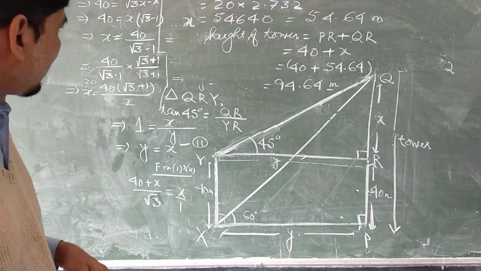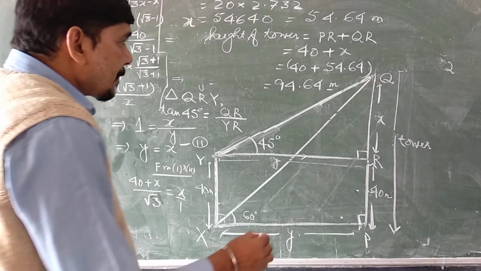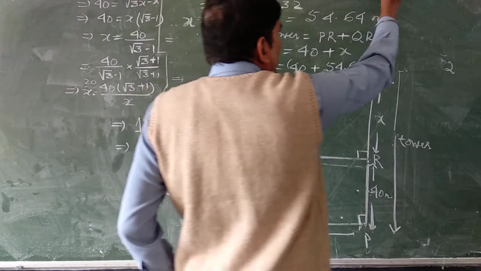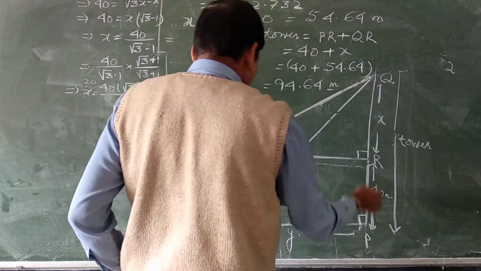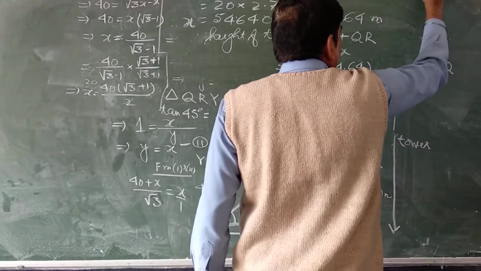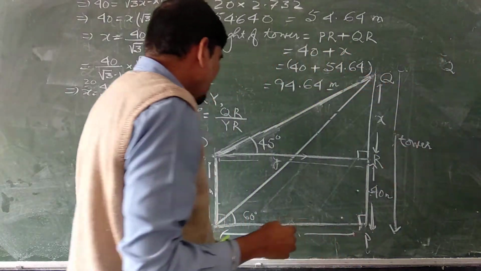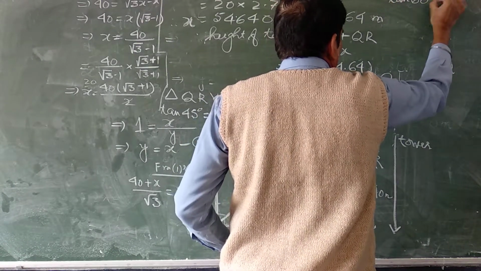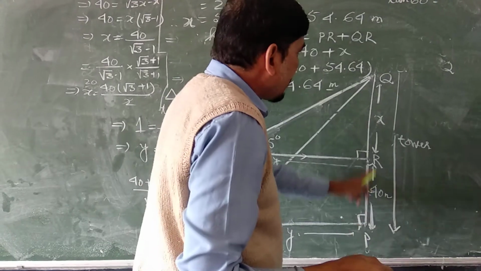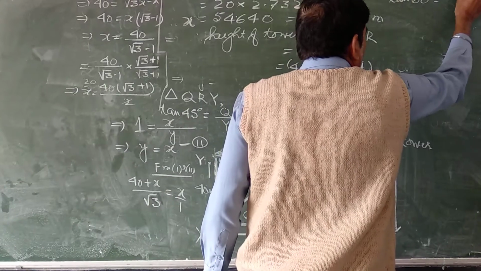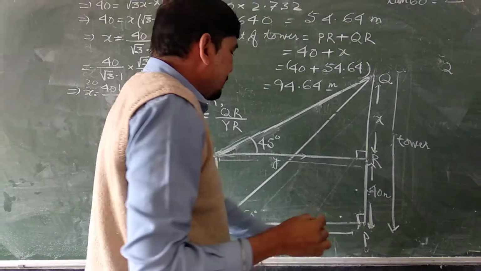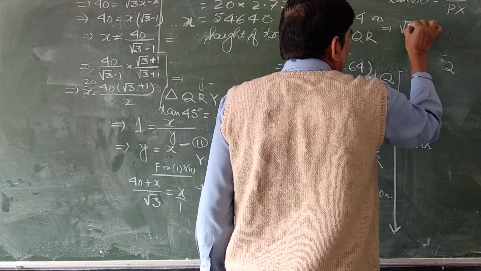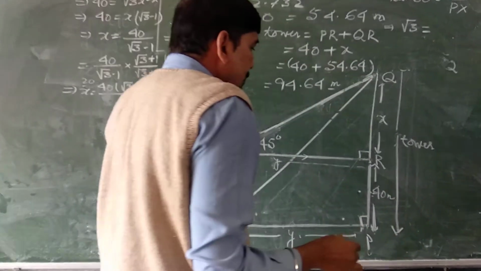In right triangle PQX, tan 60 degrees is equal to perpendicular by base, that is PQ by PX. Putting the value of tan 60 degrees, root 3 is equal to PQ by PX.